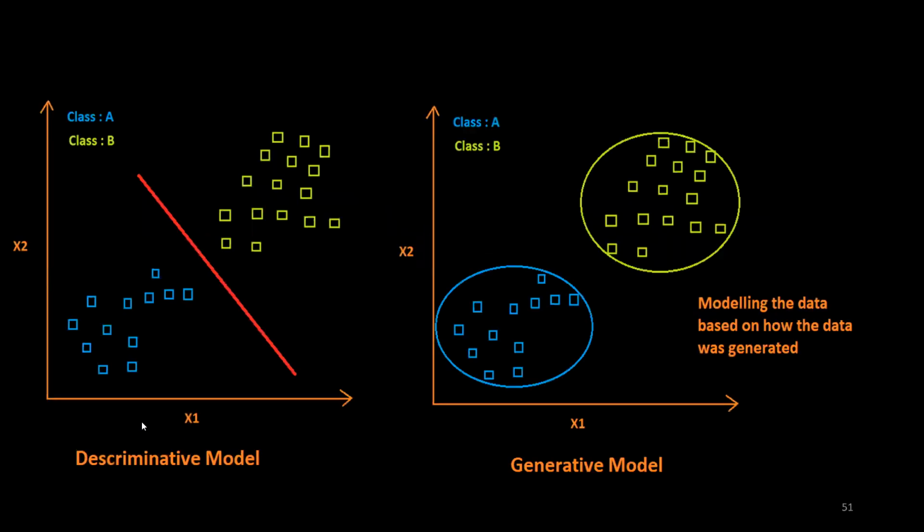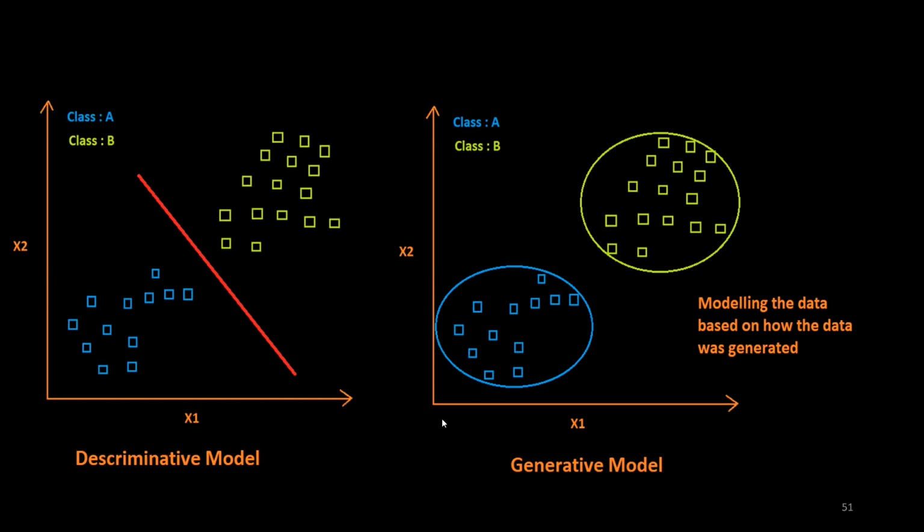So here is the explanation of the discriminative model and the generative model. This is the general definition of the discriminative model. We see that a discriminative model is interested in drawing a plane or a boundary in order to separate the classes.